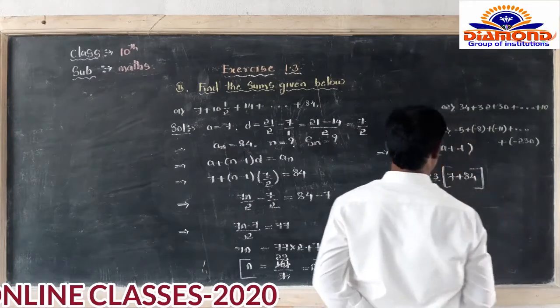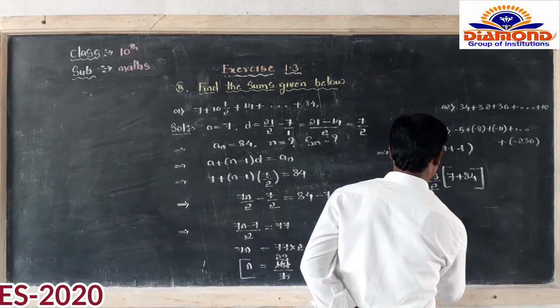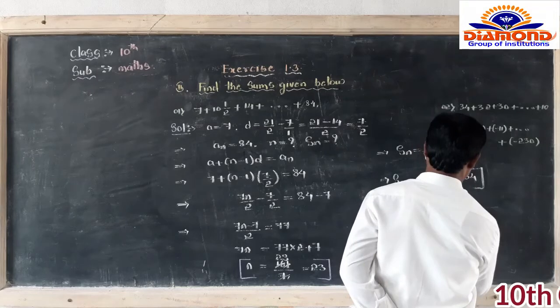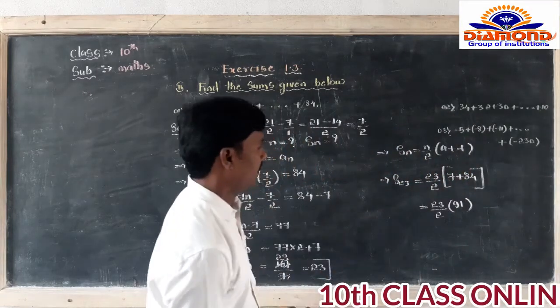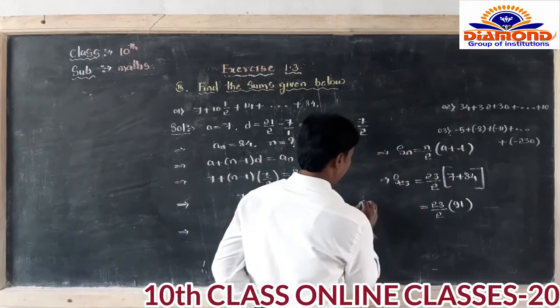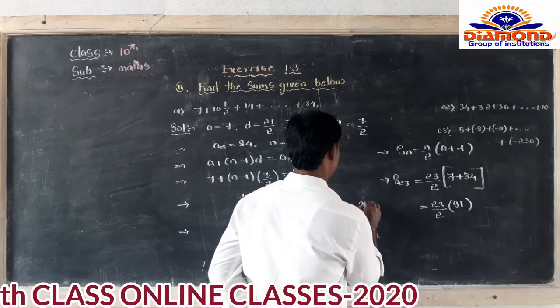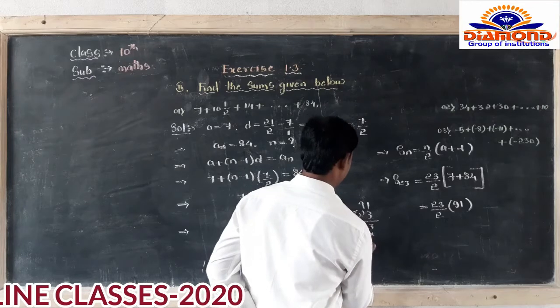Last term is 84. Next, 23 by 2 in the bracket 7 plus 84 is equal to 91. Right. Now we should do the multiplication. Here 91 into 23: 3 ones are 3, 3 nines are 27. Next 2 ones are 2, 2 nines are 18.